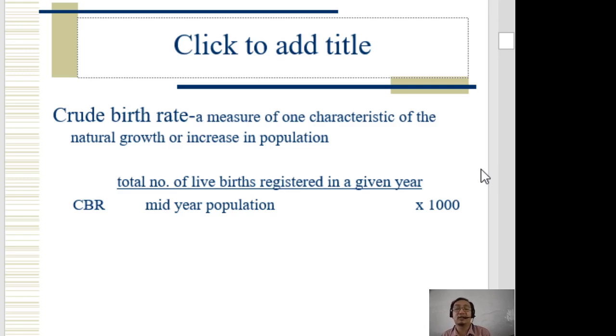On the other hand, less than or equal to 20 per 1,000 live births is considered low fertility. Okay, so that is crude birth rate.